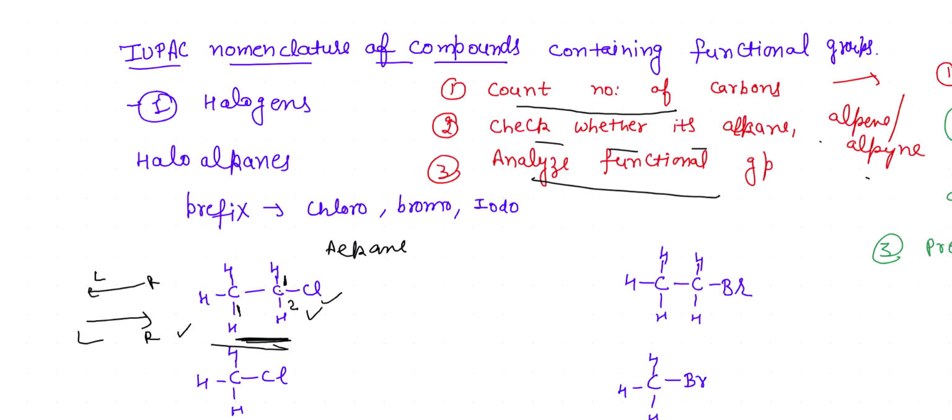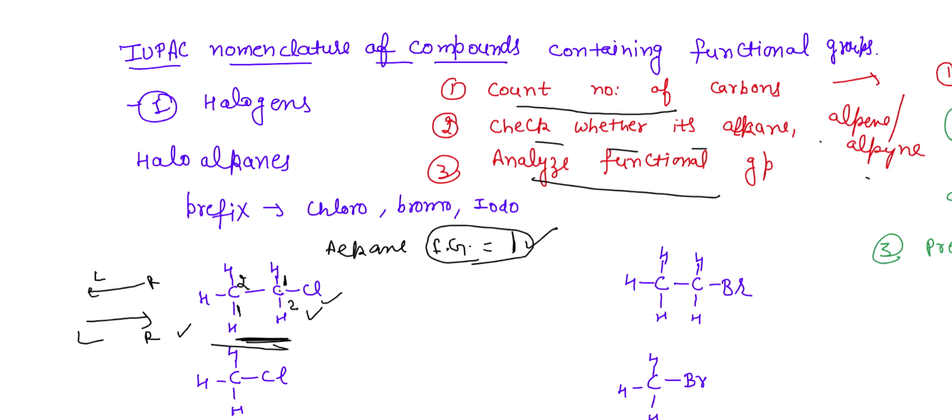So always remember to number the carbon according to the rule through which the functional group gets the lower number. Functional group should be at the first priority. The numbering given to the functional group should be at the lowest locant. So what is the correct way to number this compound?